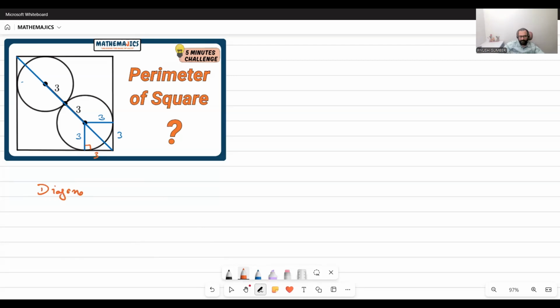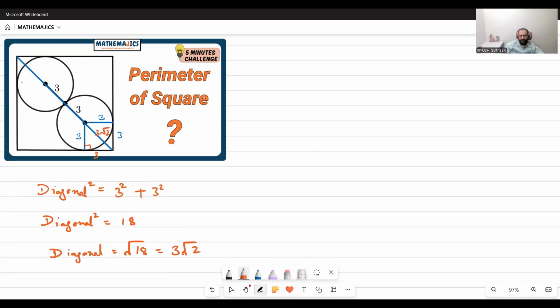Diagonal square is equal to 3 square plus 3 square, which gives diagonal square is equal to 9 plus 9, 18. That means diagonal is equal to square root of 18, which is nothing but 3 root 2. This diagonal is 3 root 2.